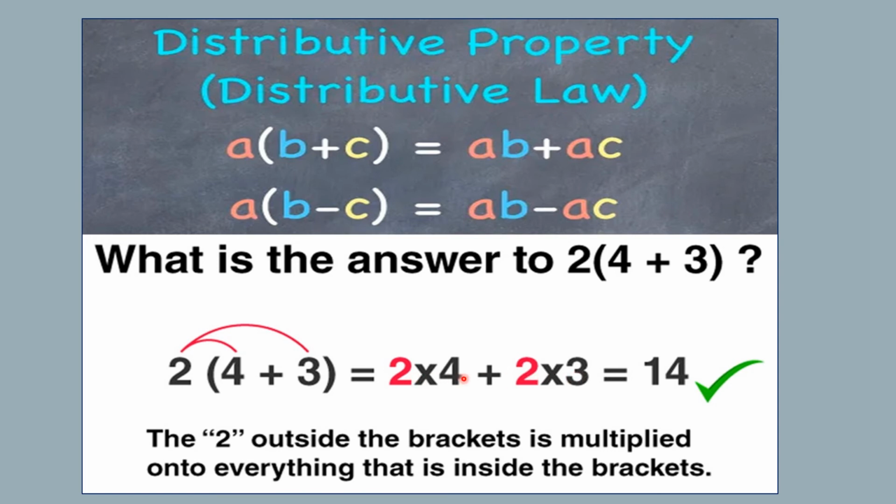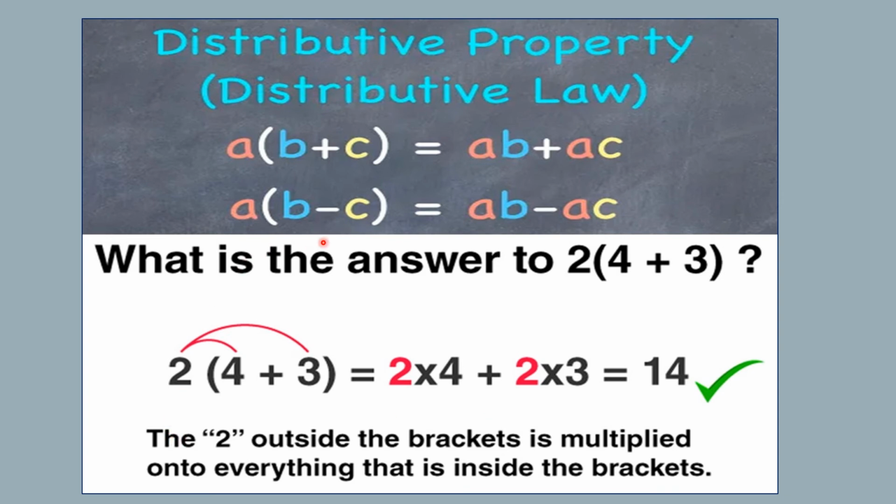So 2 fours are 8, plus 2 threes are 6. So 8 + 6 is 14. Now here you can see 4 + 3 is 7. So 2 × 7 is also 14. So this is true.